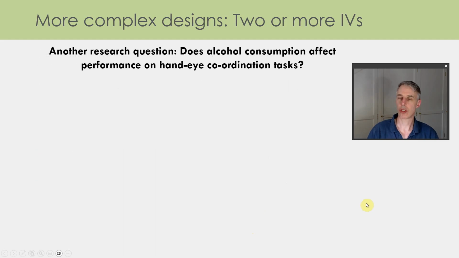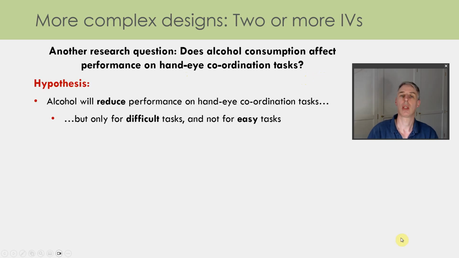So let's start first of all with a design in which we have two independent variables, both of which are repeated measures. I'm going to give you another research question here, a slight change of track. A researcher is interested in whether alcohol consumption affects performance on hand-eye coordination tasks.